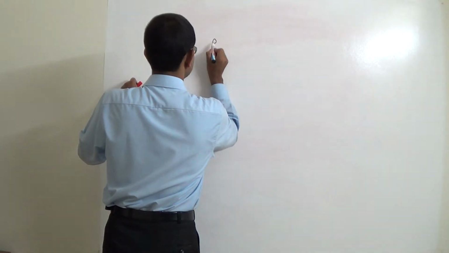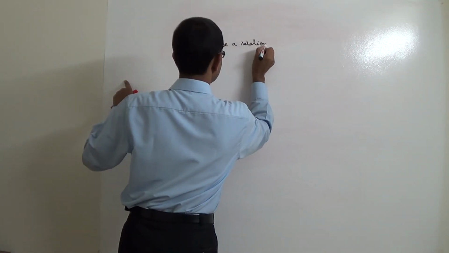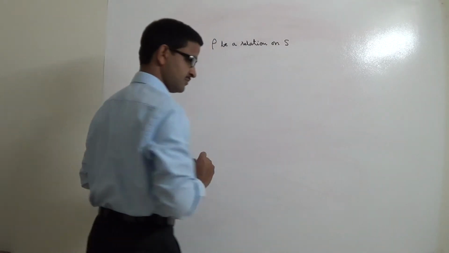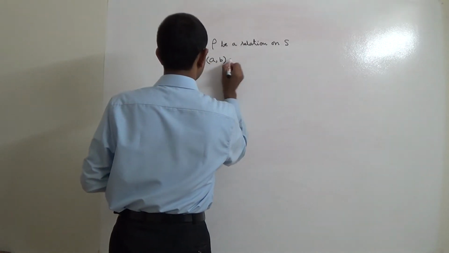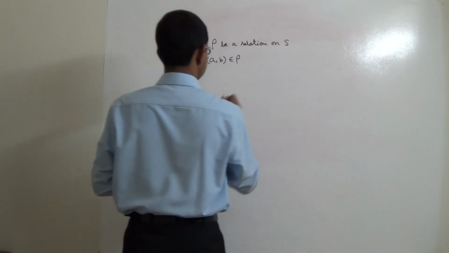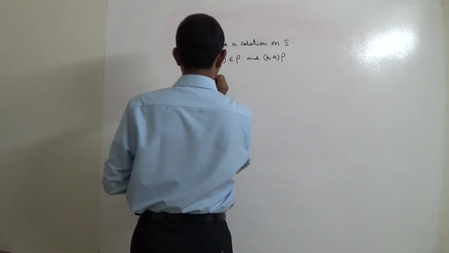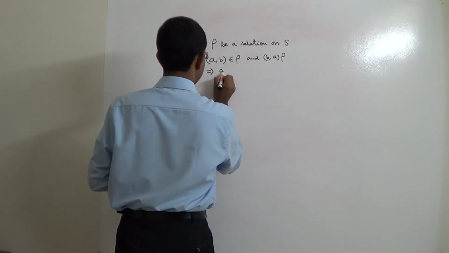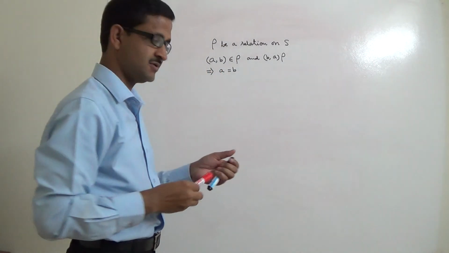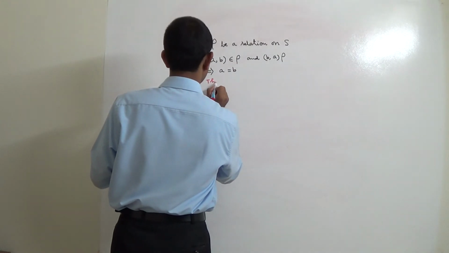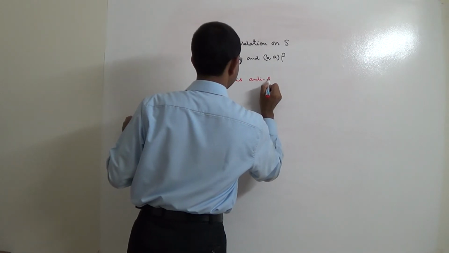Let rho be a relation on S. Now, if A comma B belongs to rho and B comma A belongs to rho implies that A equal to B, then we can say rho is anti-symmetric.